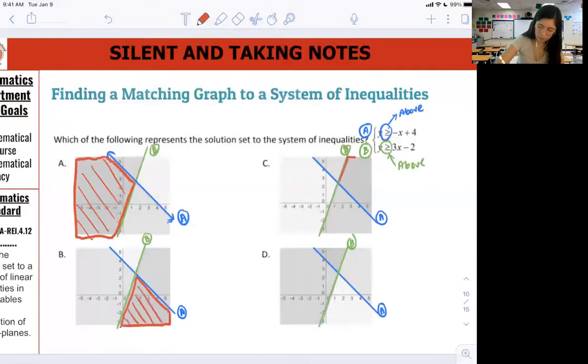In answer choice C, it's over here. And in D, it's over here. So take a look and figure out in which of those examples is the safe zone above both lines.